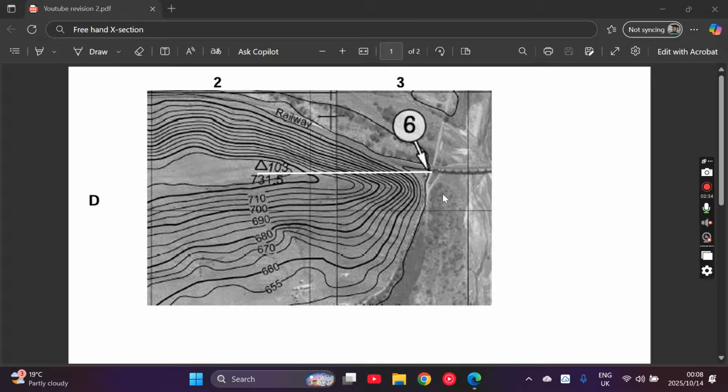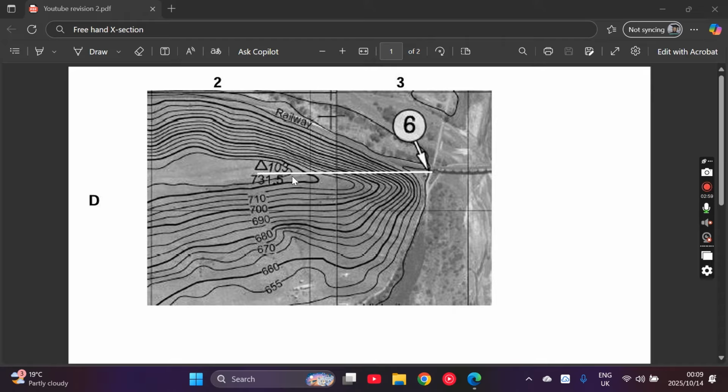Now, for me to be able to draw my cross section, I need to look into the type of slope with which I'm dealing. Closer to the bottom of the slope, which is 0.6, I can see that my contour lines are closer to each other, and when I have that, I know that that is a very steep slope.